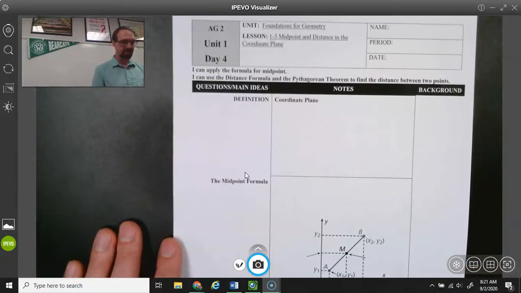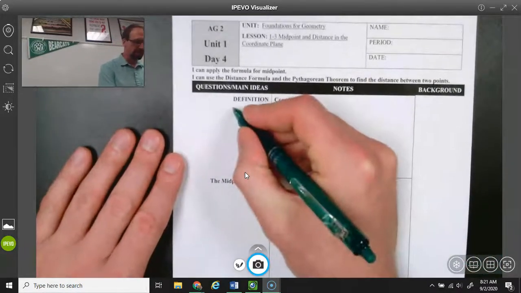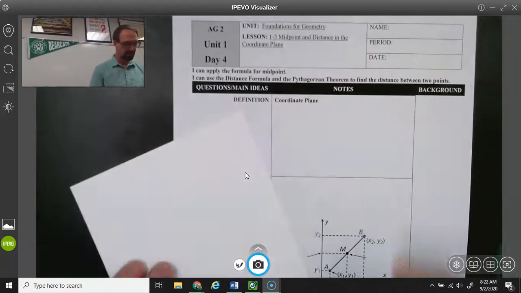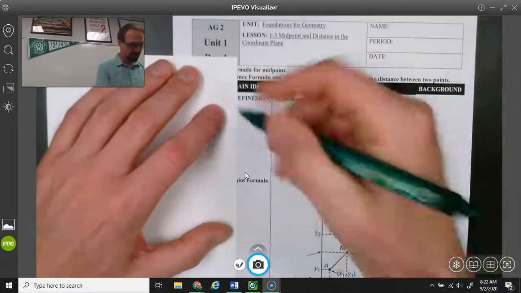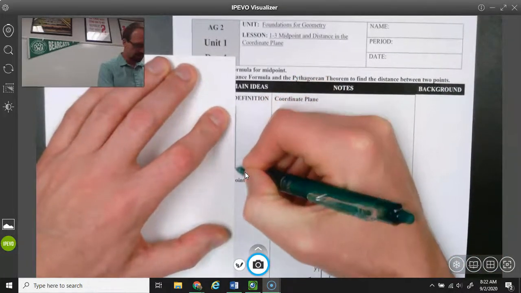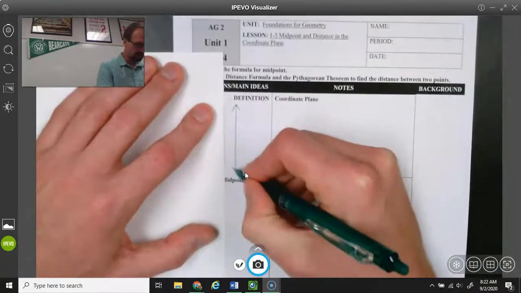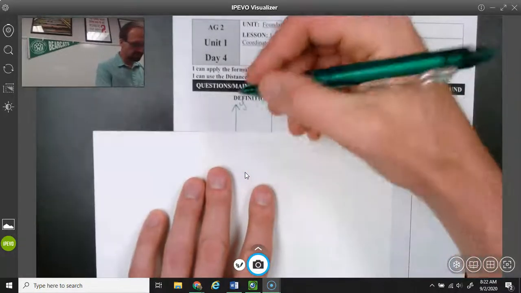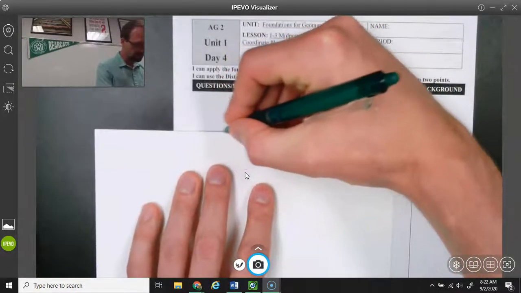The coordinate plane involves the x and y axis. And again, I'm going to grab a straight edge, looking for something handy. So here, I'm just going to make it off to the side. So this is my vertical axis, which we usually call y. And then this is my horizontal axis, which we normally call x.